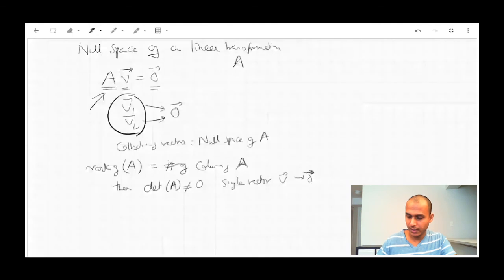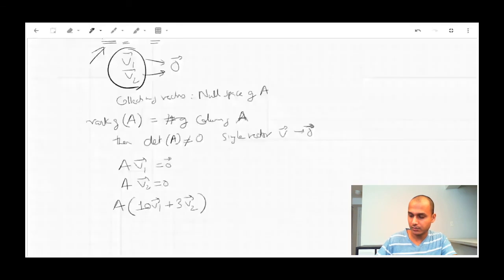So, for example, let's say there were two vectors, v1 and v2, as I wrote there, which both map to 0. That means that A times v1 is equal to 0, and A times v2 is also equal to 0. But remember, A is a linear transform. So A times (v1 plus 3v2) also evaluates to 0, right?